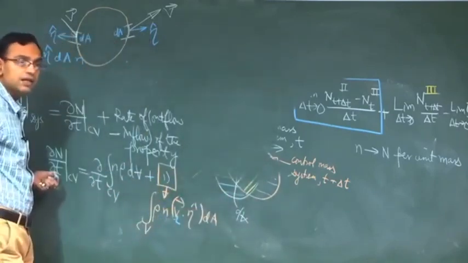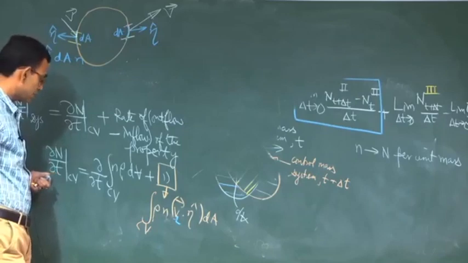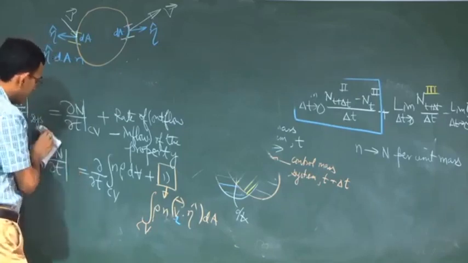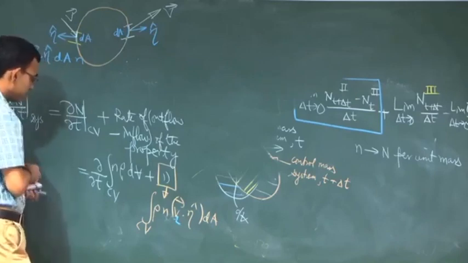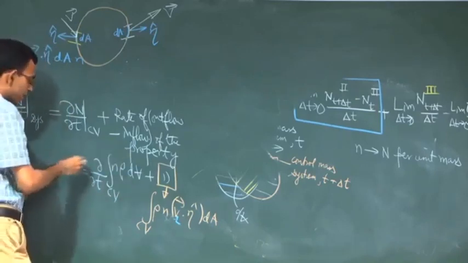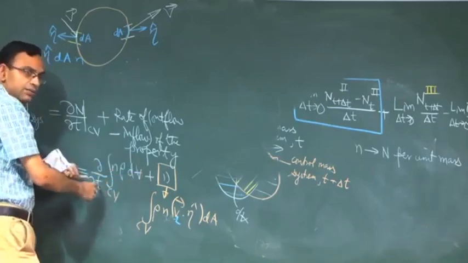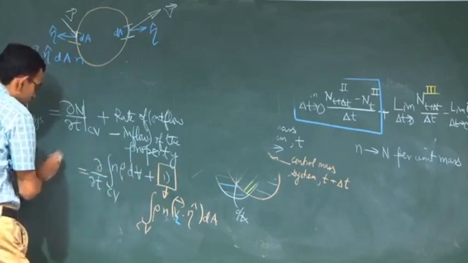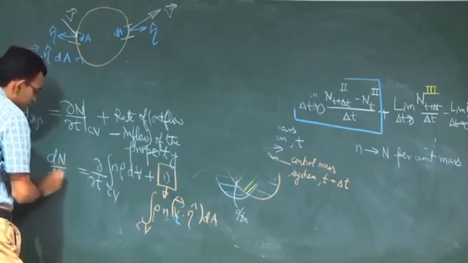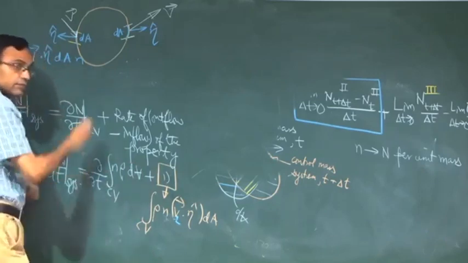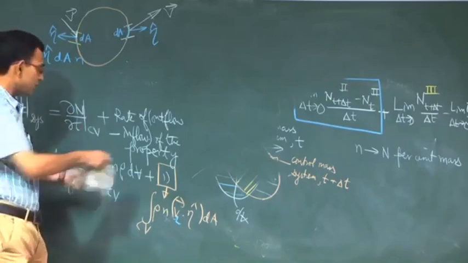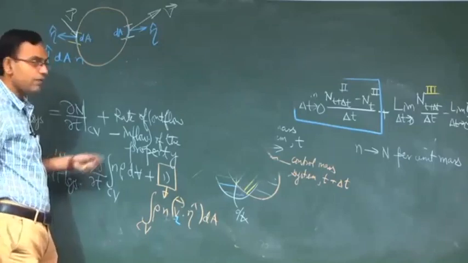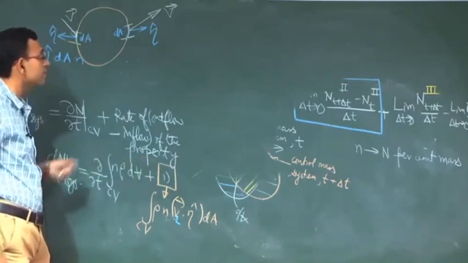On the left hand side, system, right, dn dt of the system. If we write all the terms together, initially I was writing only this term, but when we write all the terms together, that is, we add these two, this is dn dt of the system. Initially we wrote only this term, but now that we have added all the terms, this is the left hand side.